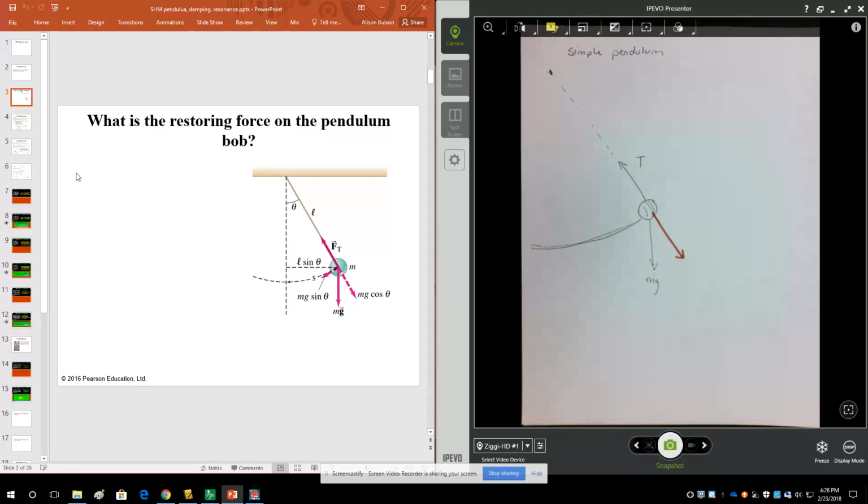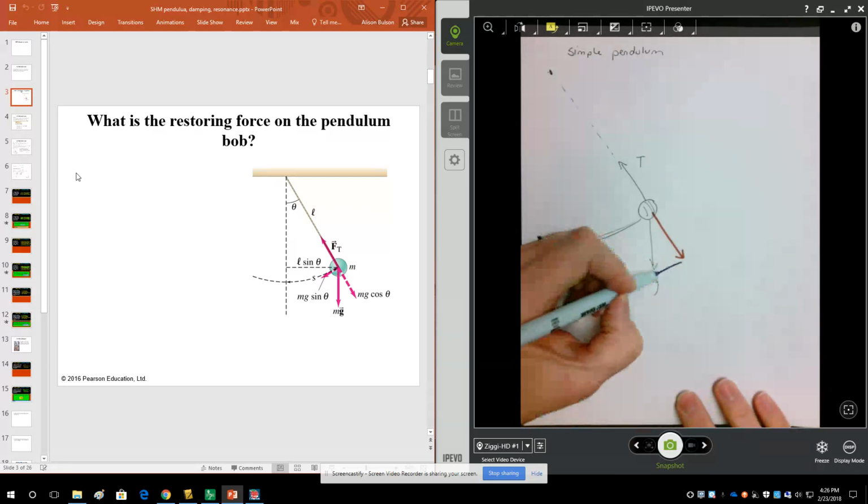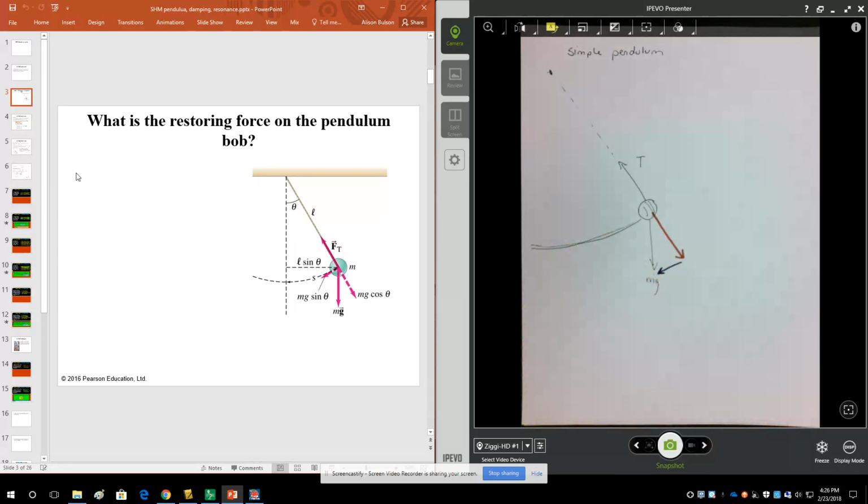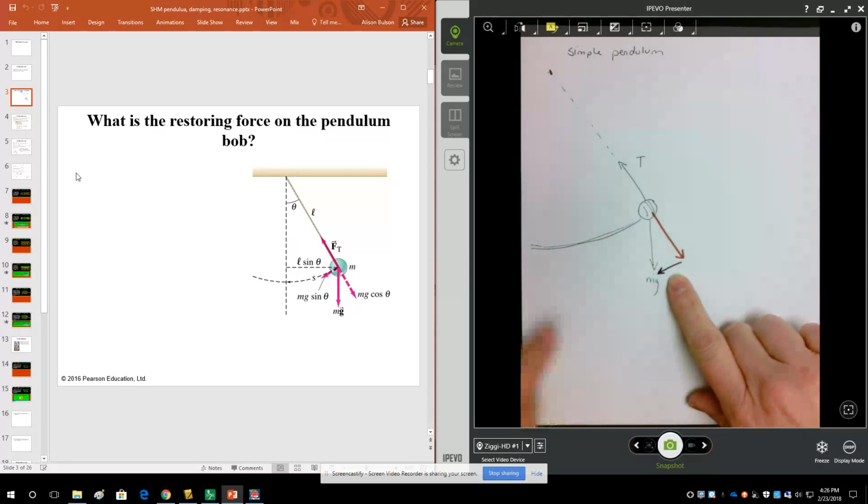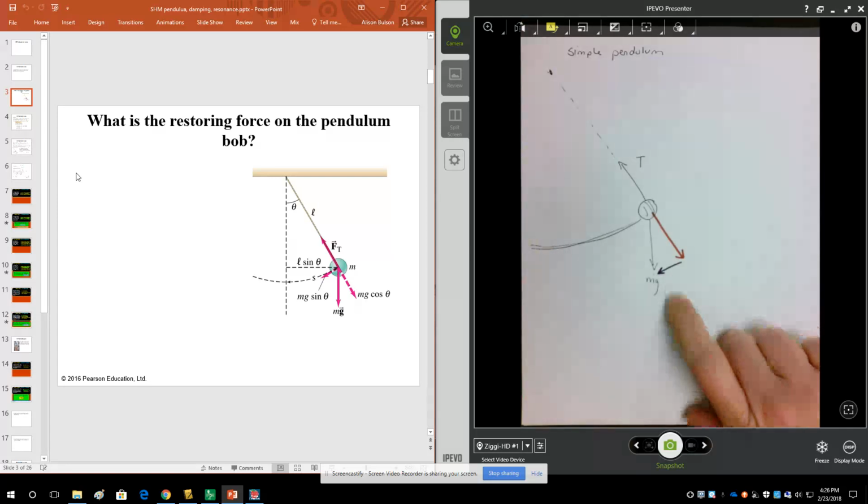And you'll have to excuse me, I did not set myself up with enough colored pens. Here, purple, okay? And so the purple vector I've drawn in my picture corresponds to what this diagram, admittedly, on the PowerPoint is a little bit cluttered, but mg sine theta, the pink vector pointing down and to the left.